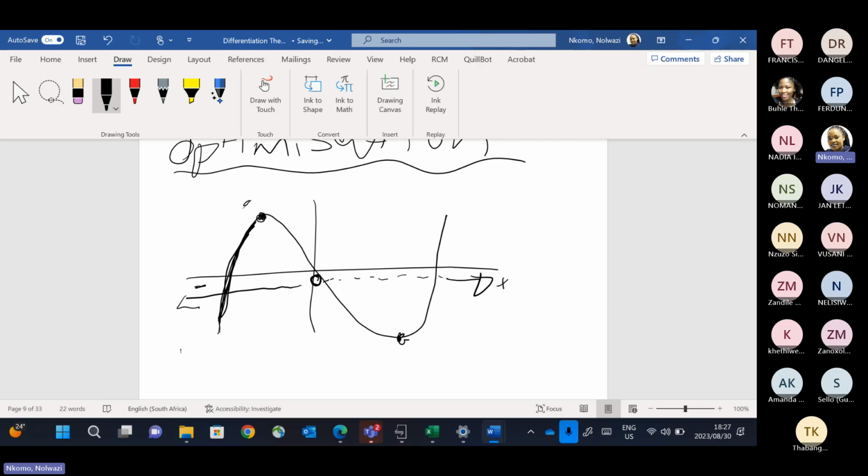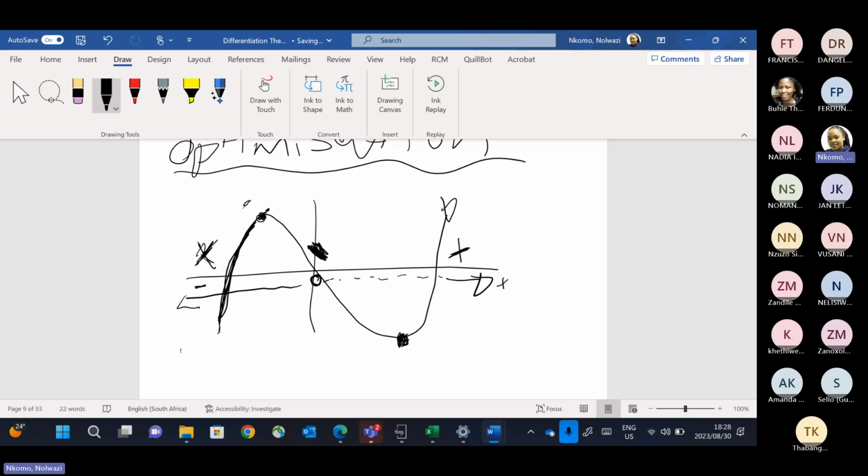So it's positive. Okay, I'll say we have positive here. And if the graph is moving from this side to this side, we say the slope is negative. And if the graph is moving from here to here, then we say the slope is negative, right?